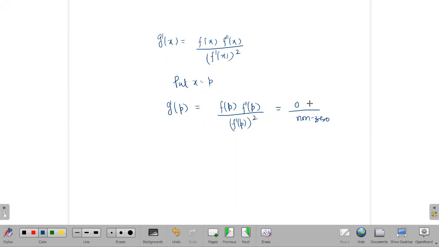So the numerator is 0 and the denominator part is a finite non-zero value. So it is equal to 0. So if g dash at p is equal to 0, it means the sequence p n converges to p at least quadratically.